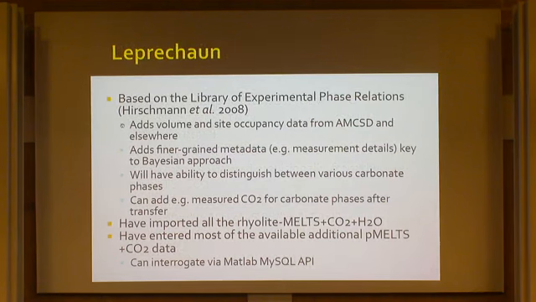And we also have a database which we call LEPCORN. It's based on the Library of Experimental Phase Relations, otherwise known as LEPR, which is publicly available. Our local Caltech version of this adds the volume and site occupancy data that we use for what I showed earlier. It adds finer-grained metadata, which is what we use for the Bayesian approach.